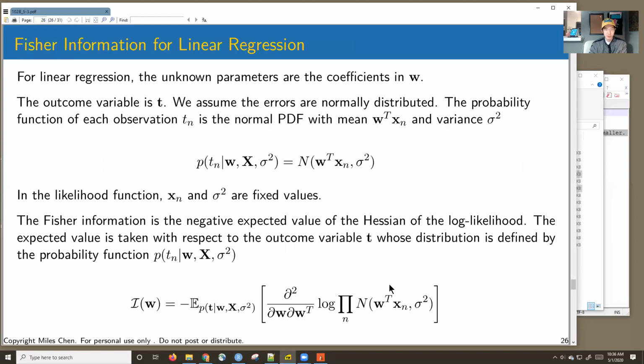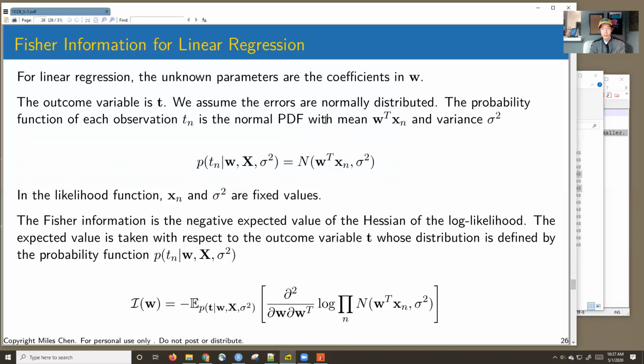Okay, so we're going to apply this to our linear regression problem. In linear regression, we want to learn about the coefficients W. We want to say, what information does our data provide about the coefficients W?